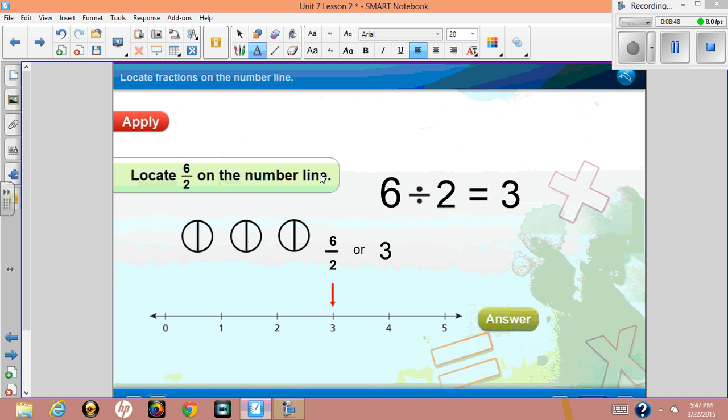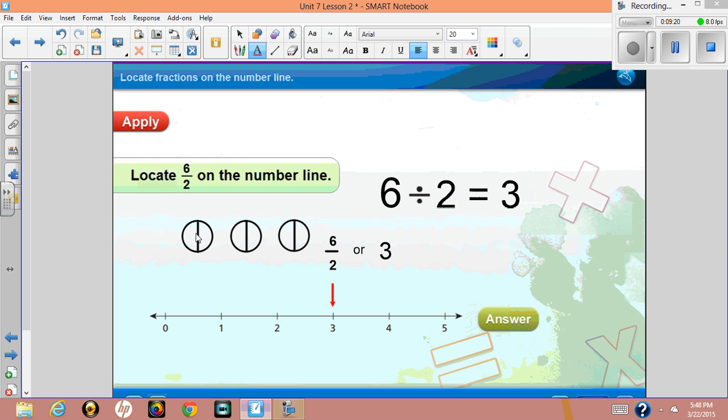This can be a little confusing because our number line is here, but if you recall, the denominator identifies the number of parts that a whole is divided into, and then the numerator identifies how many parts we have. Well, this number is larger than this number, which indicates that we have more than one whole.